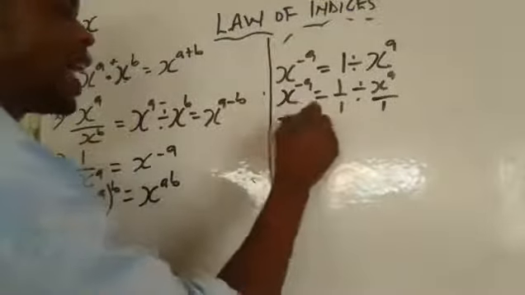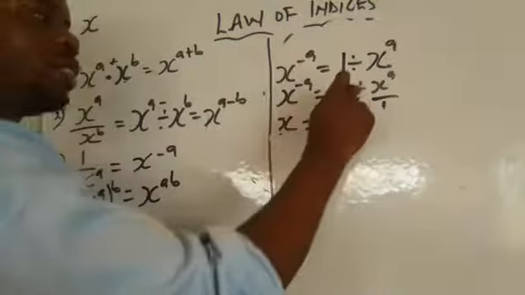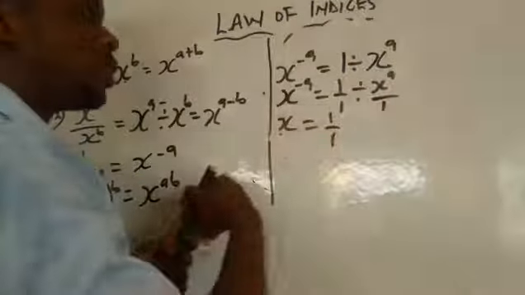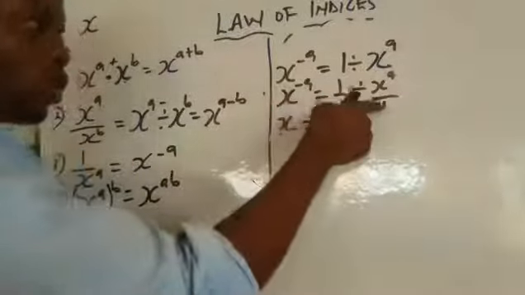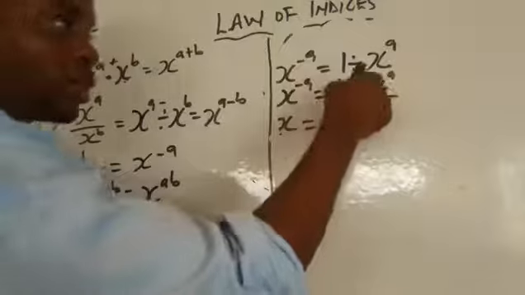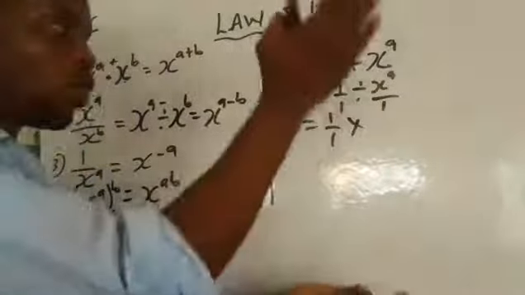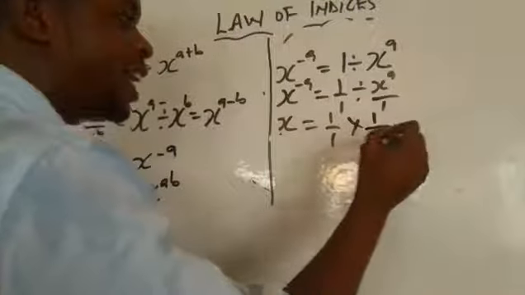So what I do again, x equals 1 over 1, and in mathematics, when you are solving division like this, a fraction divided by a fraction, division must change to times. So when you change to times, we take the reciprocal of x raised to power a divided by 1. When you take the reciprocal of something, it means you turn it upside down. So 1 will come up over x^a.